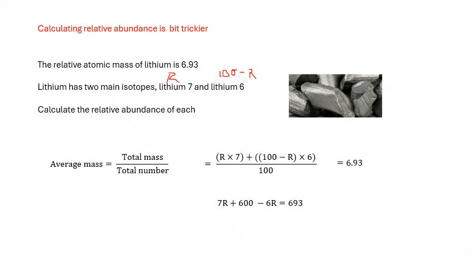So 7R minus 6R, and then you can bring the 600 over the other side, and we get that R is 93. So R is 93%, and so 100 minus R is going to be 7%. So there you go. Lithium-7, 93%. Lithium-6, 7%.